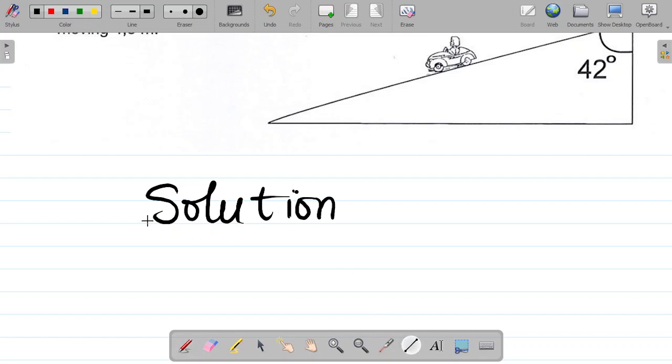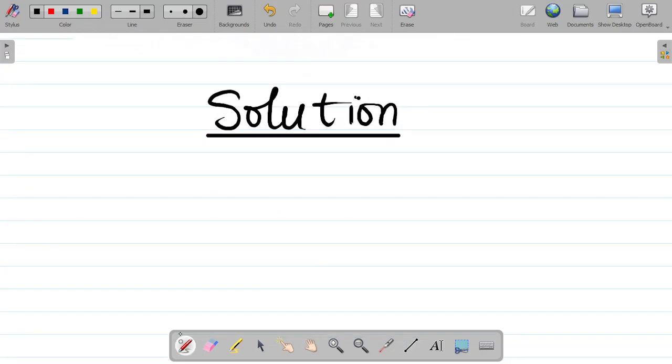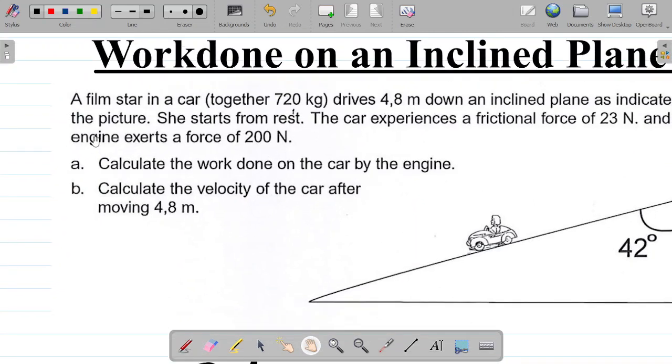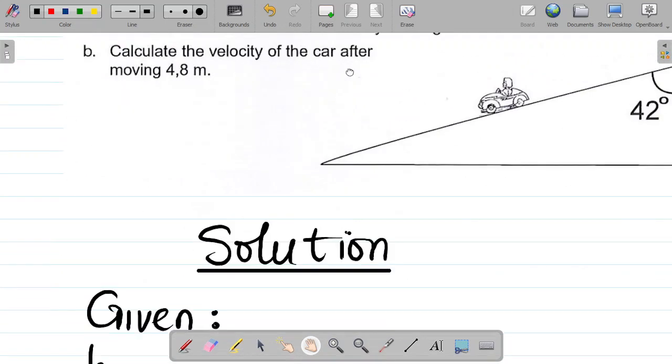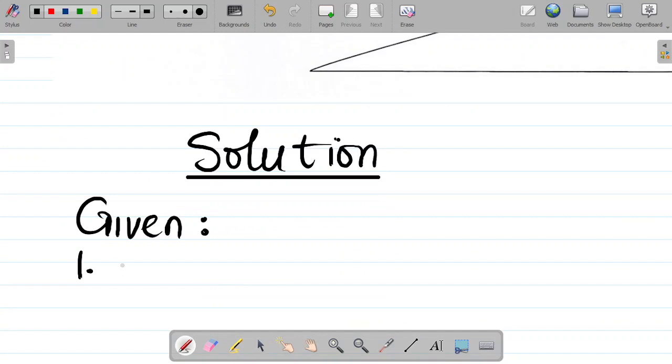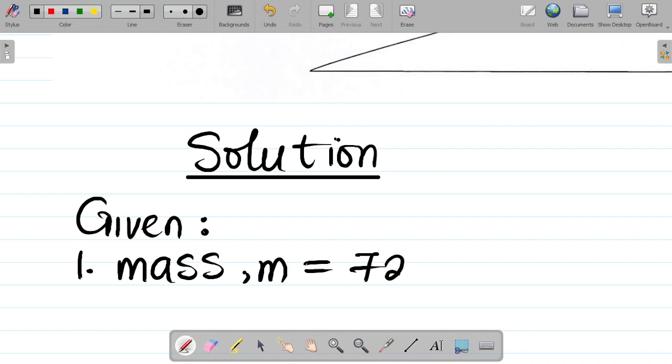Now, to solve this question here, as usual, our first task will be to list out the given parameters. So what are we given in this question? The first we are given, it says a film star in a car together 720 kilogram. So the mass of the film star and the car combined, let's call it M, is equal to 720 kilogram.